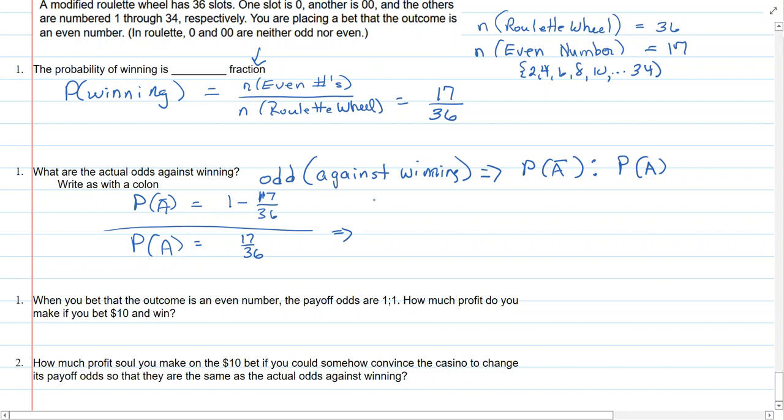So when we do the math, that would be 19 over 36 over 17 over 36. As we simplify, we notice that they each have 36 on the bottom. So we can multiply this side by 36 and this side by 36 and end up with 19 over 17. And then we would write the answer as 19 to 17. So that's our answer.